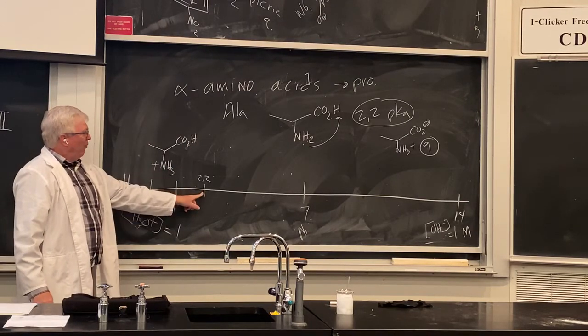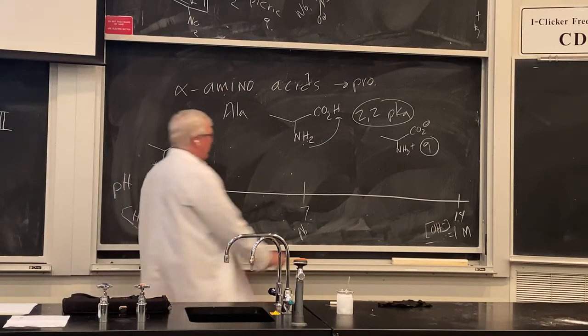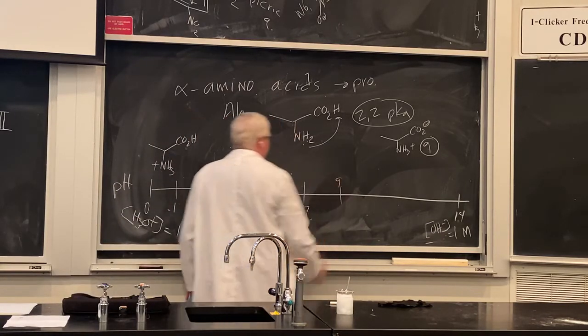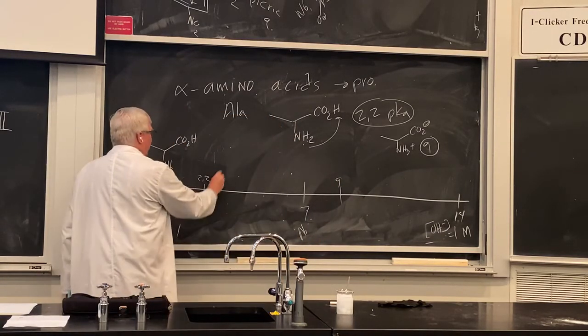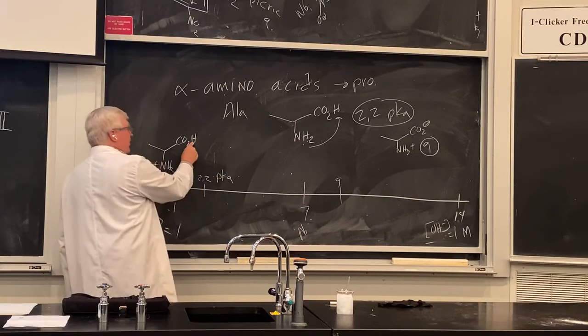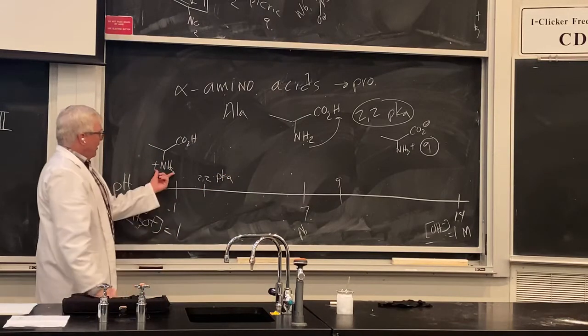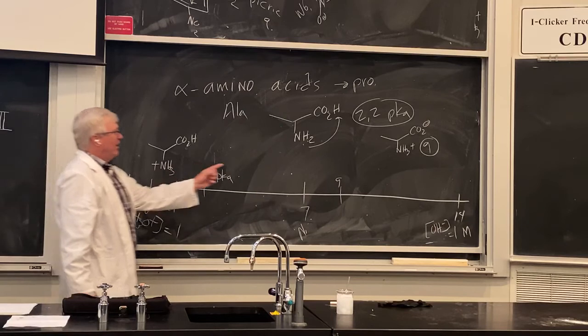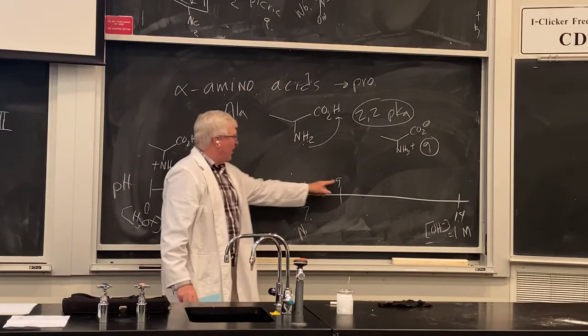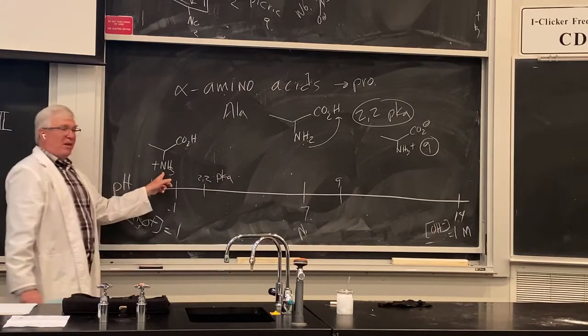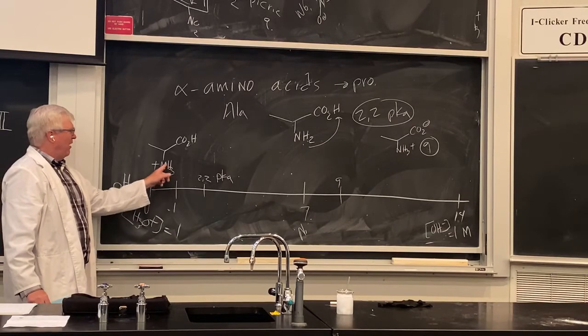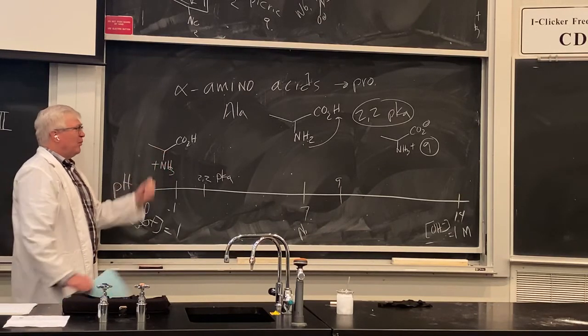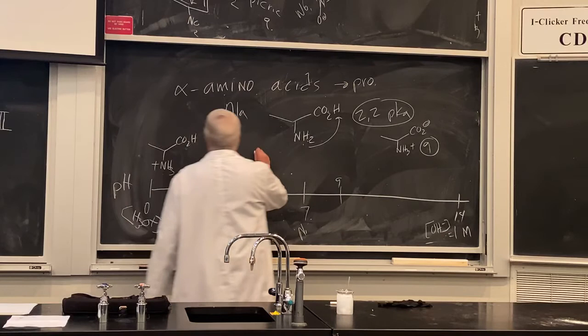Okay, then all the way from 2.2 up here to 9, those are the two pKa's now. pKa of 2.2 referring to that. That's what we need to worry about. Notice we're on the acidic side of this pKa, which is 9. So that will be ammonium cation, NH3 there, bonded to the carbon there. There's your 4 there.